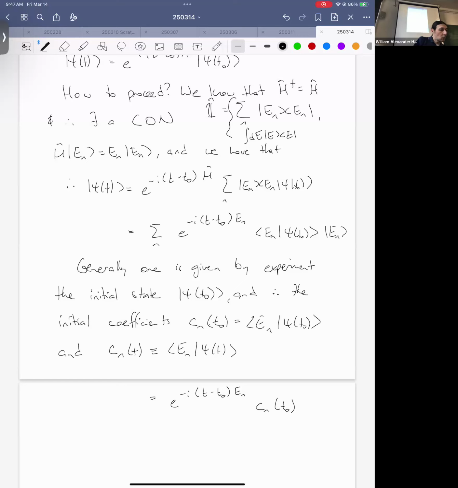Another common one is if we have wave functions. So we might be interested in the position of a particle as a function of time. Yeah, good.